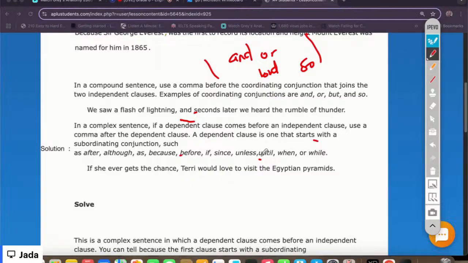So you have to take notes. For a compound sentence, you have to put the comma before the coordinating conjunction. And for a complex sentence, if a dependent clause comes first, you have to put a comma in between them. Okay, so a dependent clause starts with any of these. So let's look at some examples.